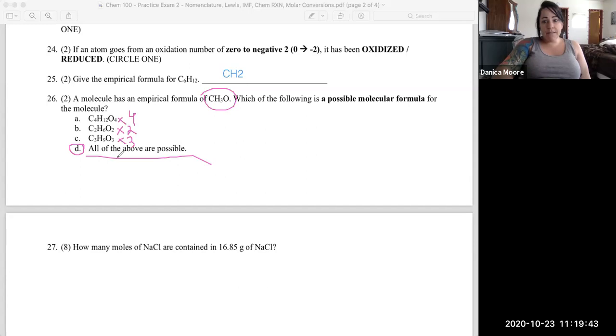So it's really important when you're looking at a problem like this, do not stop at evaluating one of them. I'm guessing each of you picked one because it jumped out at you, you thought that's right, and then you just stopped. You can't do that with these types of problems. You have to evaluate all of the answers.